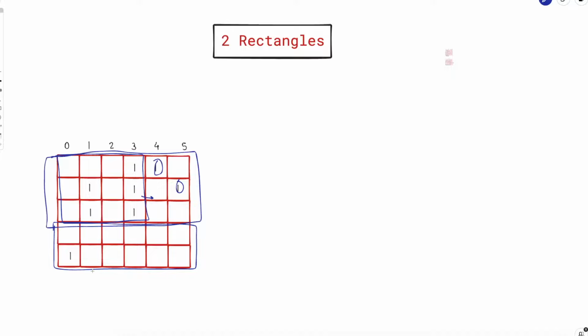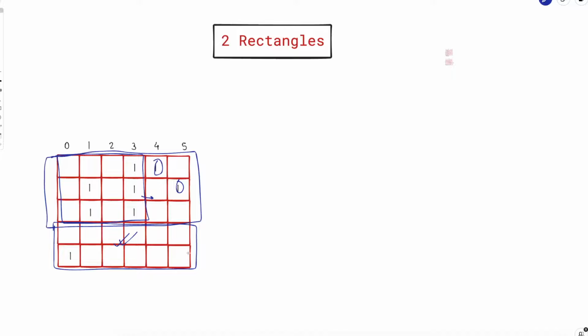You need to figure out the minimum area rectangle which can cover all the ones in this particular independent grid, right? So in other words, when you want to select two rectangles and they should not be overlapping, those rectangles should either be on the top and down of each other or on the left and right of each other. They can't be both at the same time, right?